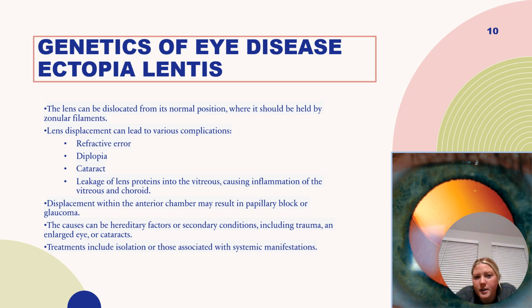Displacement within the anterior chamber may result in pupillary blocks or glaucoma. It can come from hereditary factors or secondary conditions including trauma, enlarged eyes, or cataracts. Right now, the treatment that was published just includes isolation or is associated with systemic manifestations.